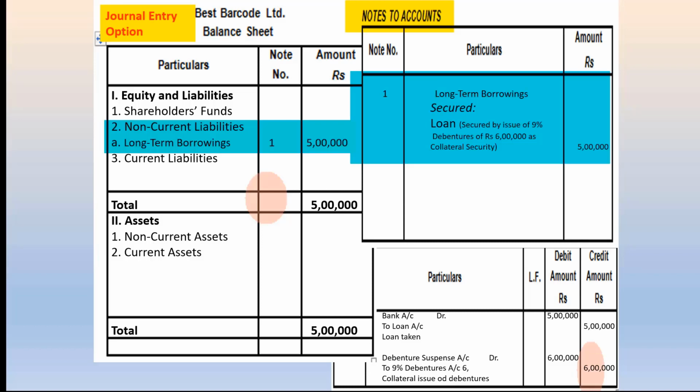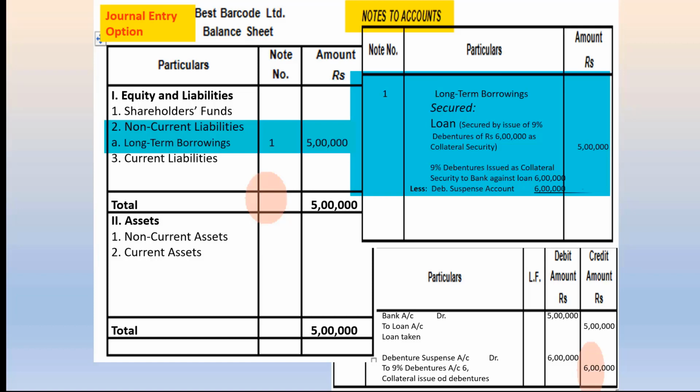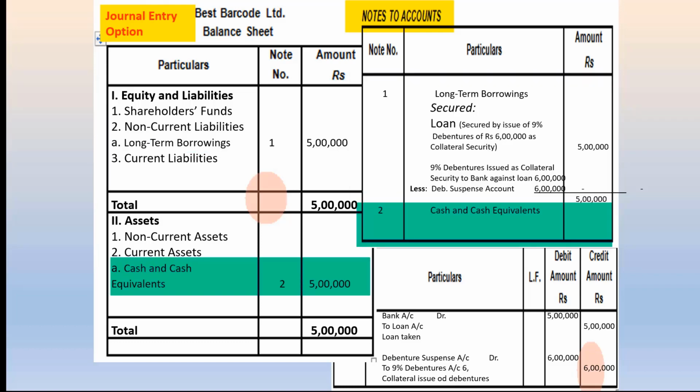But first as debentures issued and thereafter as debenture suspense account, which is then deducted therefrom, resulting in a nil balance. The disclosure of cash at bank is then, as mentioned previously, disclosed under the broad heading of cash and cash equivalents.